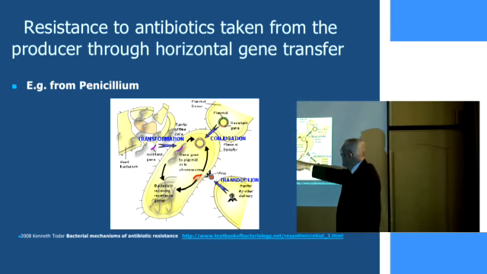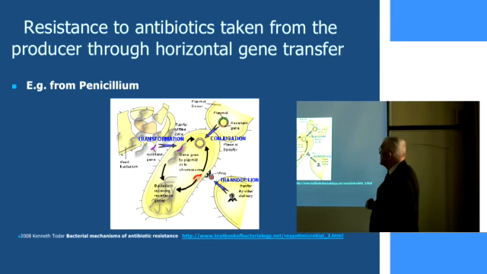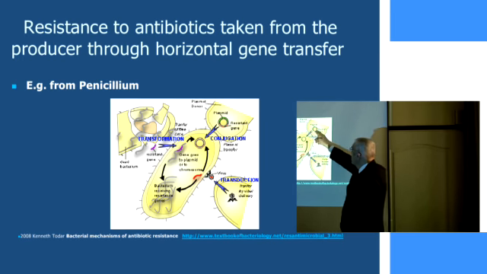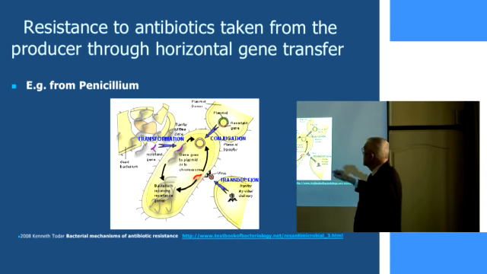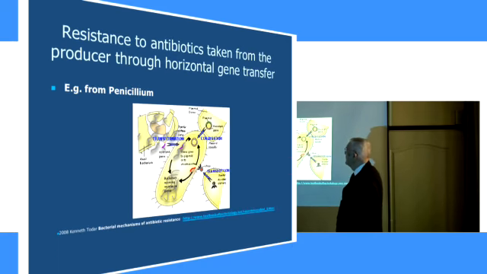A cell may obtain resistant genes from other cells, from other organisms, by various ways. By conjugation, when the cells conjugate and there is a transfer of some genetic material. This can happen only between related individuals. This can happen through transformation.